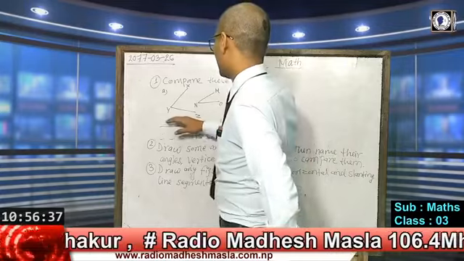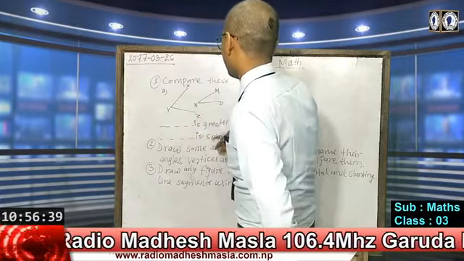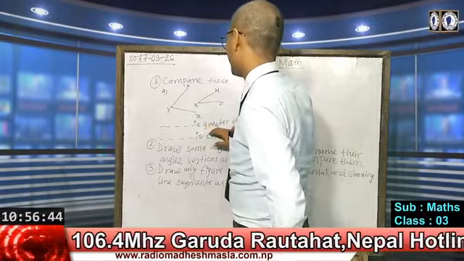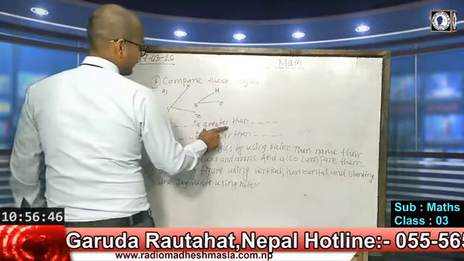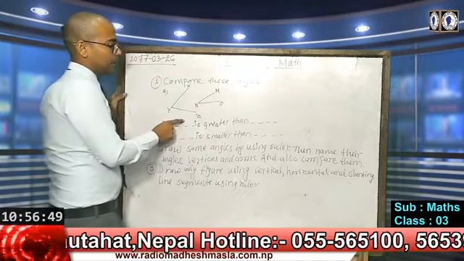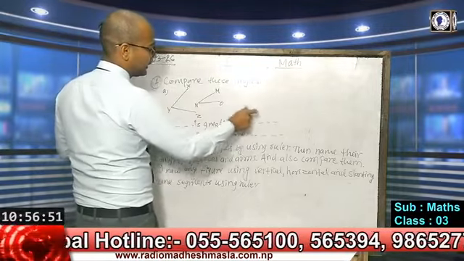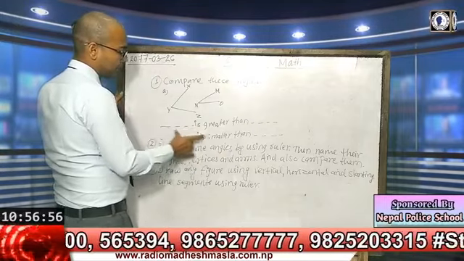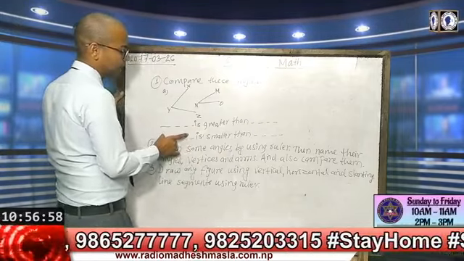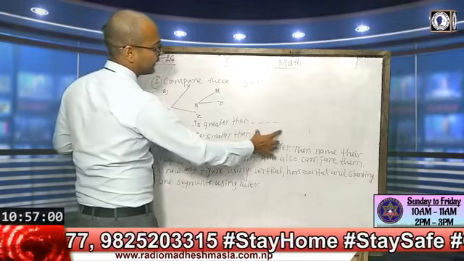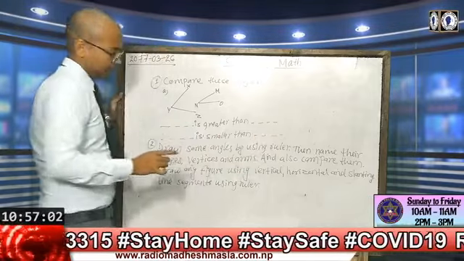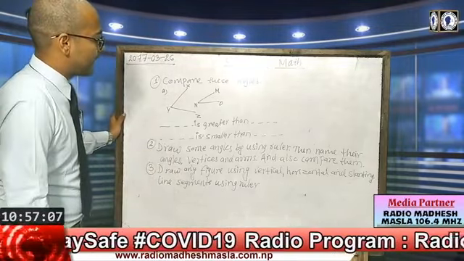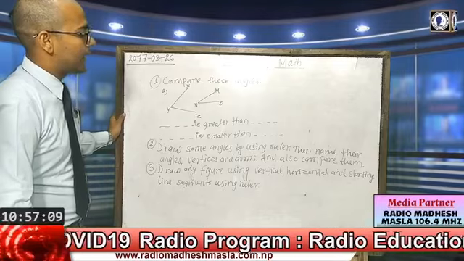Where the question says greater, we write the greater angle first and then the smaller angle, and where it says smaller, before the word smaller we write the name of the smaller angle and then the greater angle.